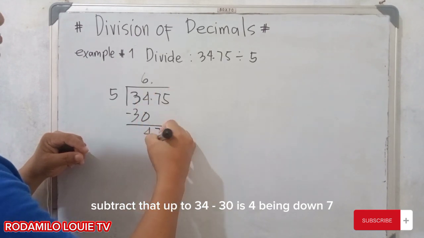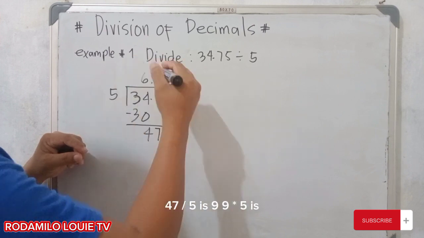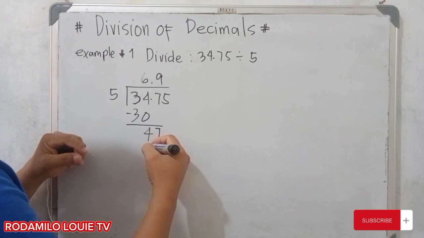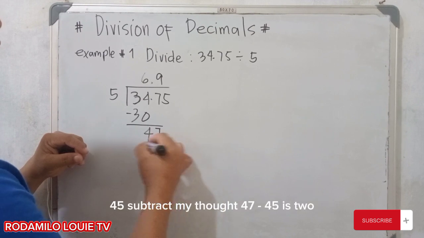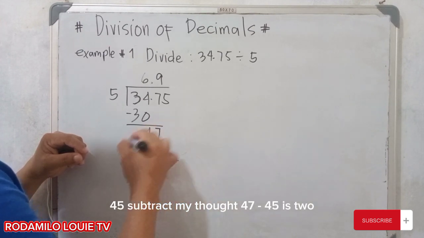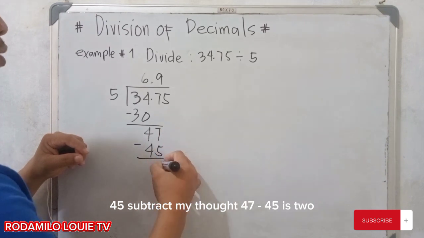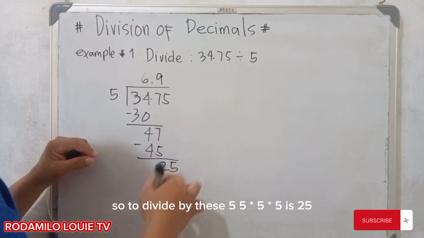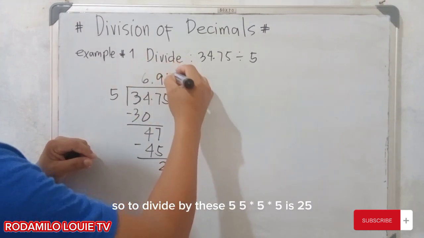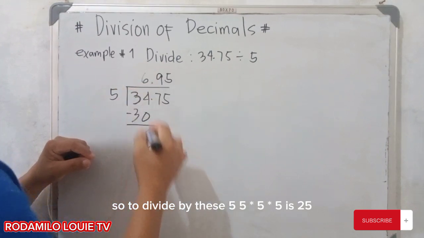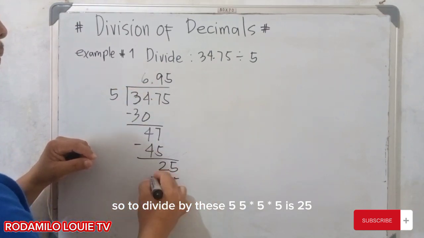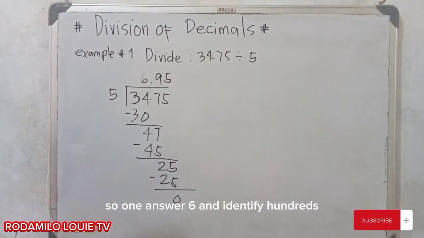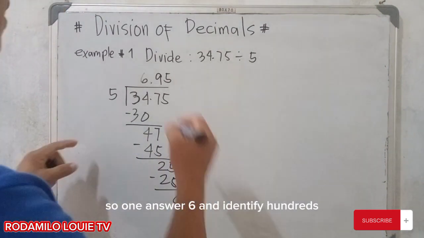Bring down 7. 47 divided 5 is 9. 9 times 5 is 45. Subtract na to. 47 minus 45 is 2. Itong bring down ang 5. So 25 divided 5 is 5. 5 times 5 is 25. Subtract, that is 0. So muna ang answer is 6 and 95 hundredths.